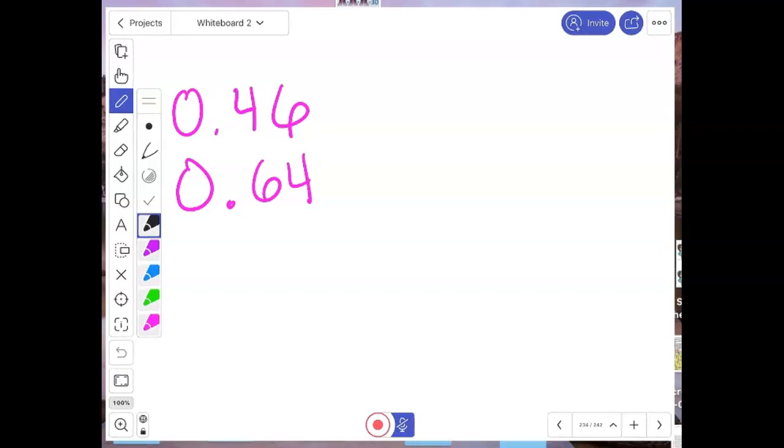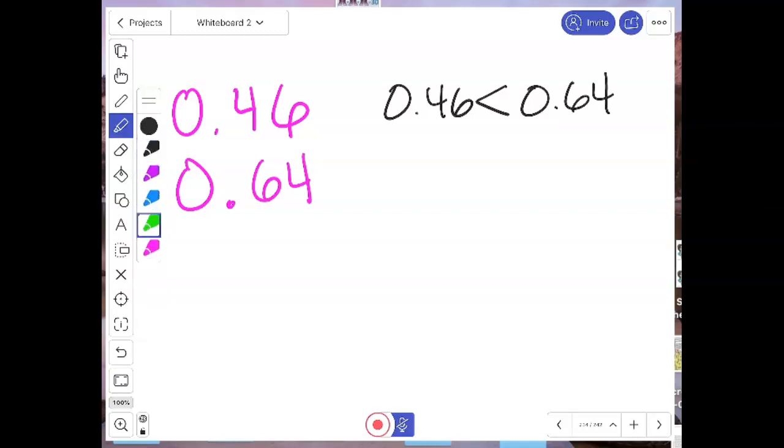So I know already that 46 hundredths is less than 64 hundredths. But I can check my work by going digit by digit. 0 and 0, they are the same. 4 tenths, 6 tenths. 4 tenths is less. So 46 hundredths is less than 64 hundredths.